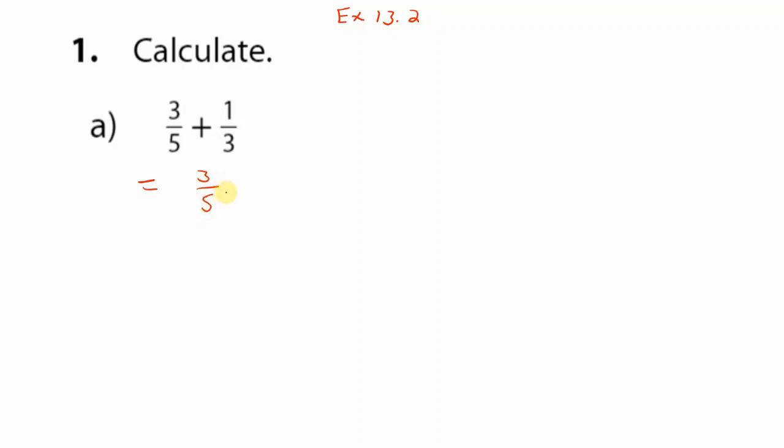So we also multiply the top by 3. To get 15, we have to multiply the bottom 3 here by 5. So the top of 1, we will also have to multiply by 5.